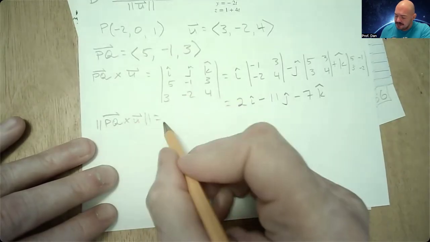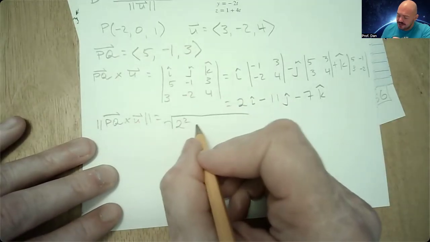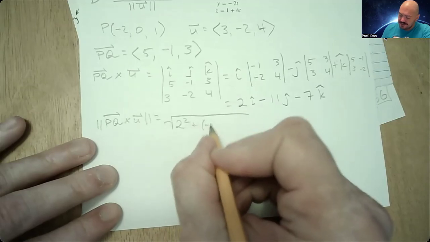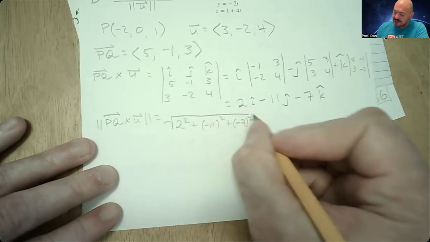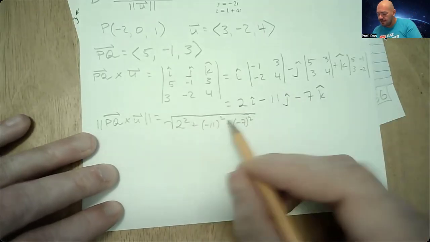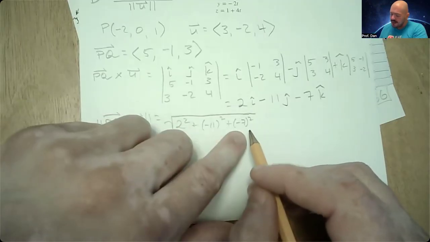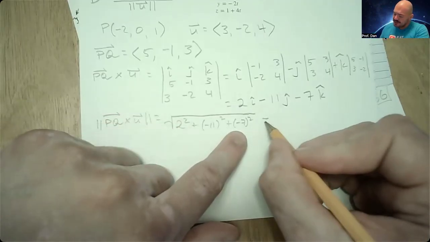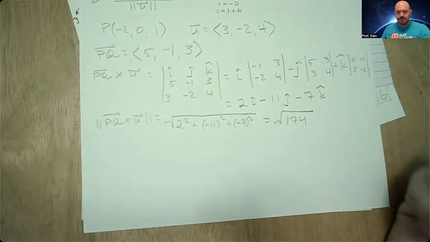So we can do square root of 2 squared plus -11 squared plus -7 squared. So we get 4 plus 121 gives me 125. Plus 49 gives me 174. So I have the square root of 174.